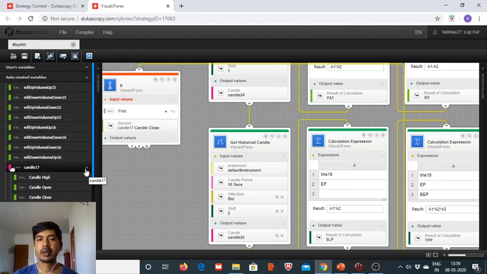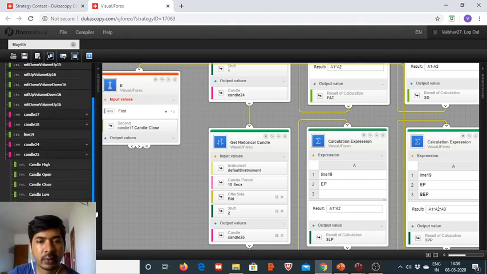So we take candle 25 data, and the candle 25 is here.